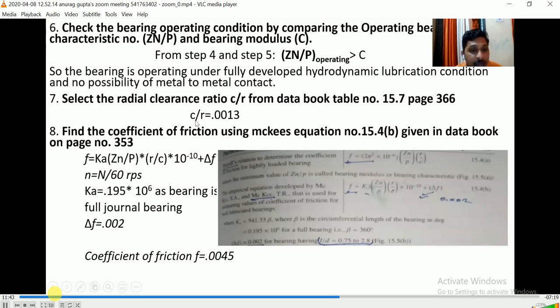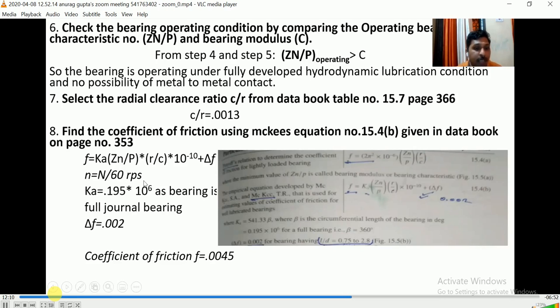We have C by R, but we need R by C, so if we invert this radial clearance ratio, we will have R by C. And this small n is the rotation per second of the journal. To find small n, we divide the RPM by 60, so we have small n in RPS.